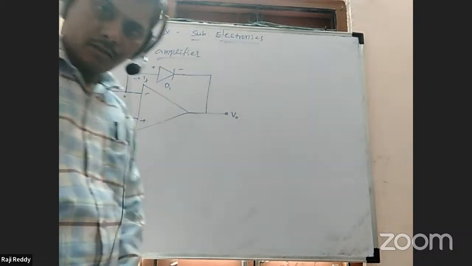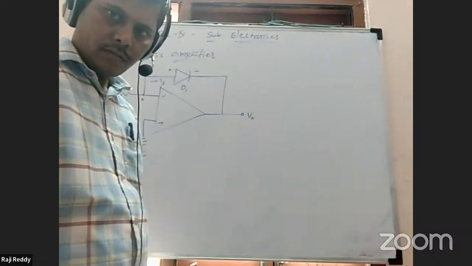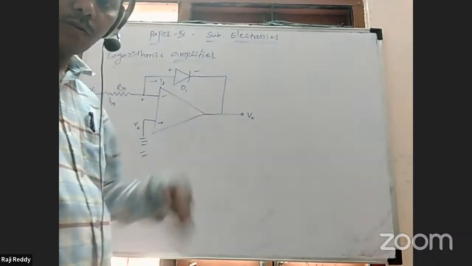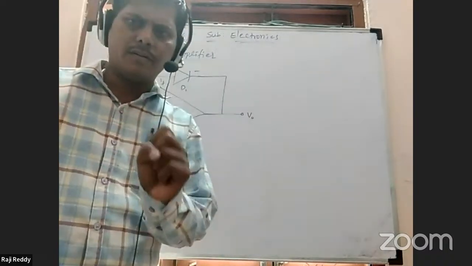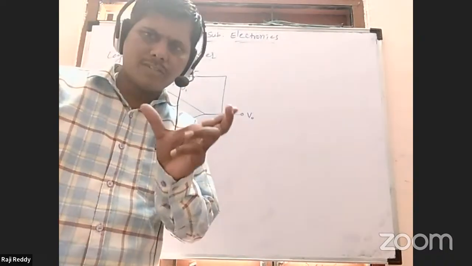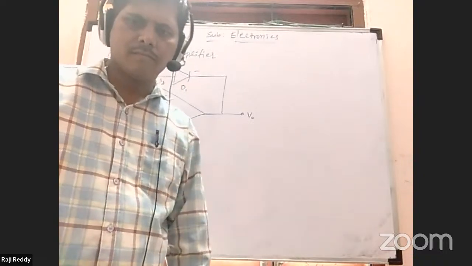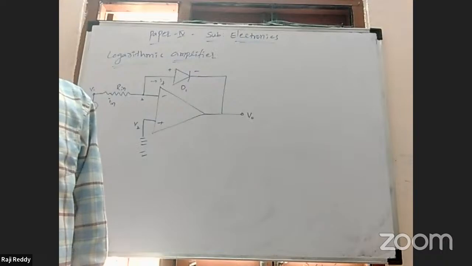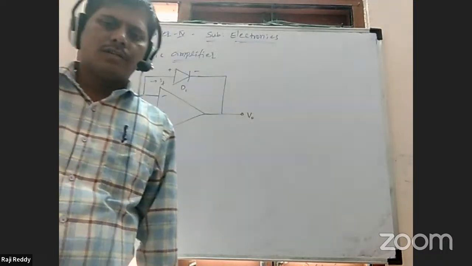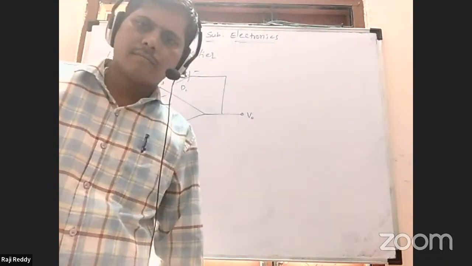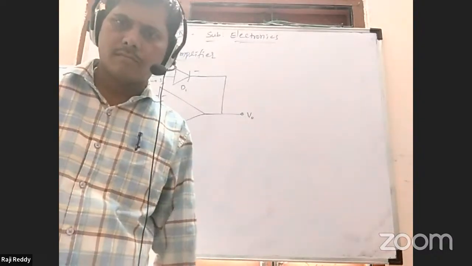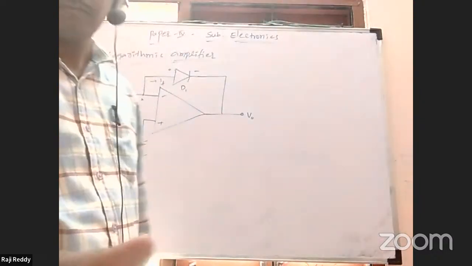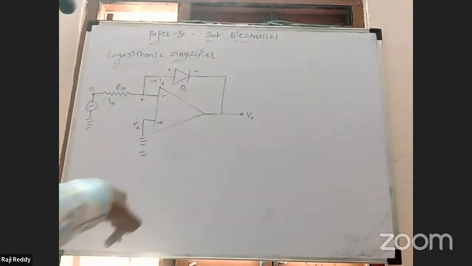Keep this topic on hold for a minute and go back to the rectifier. It's easy, in simple words: the process of conversion of AC to DC is called a rectifier. Now come back.